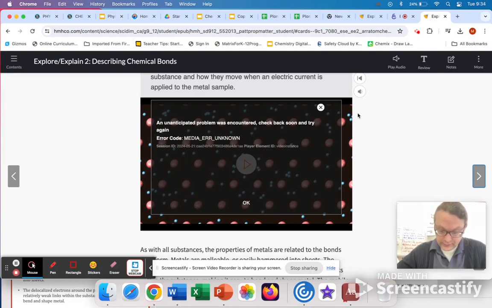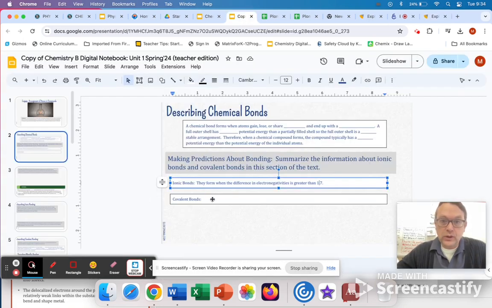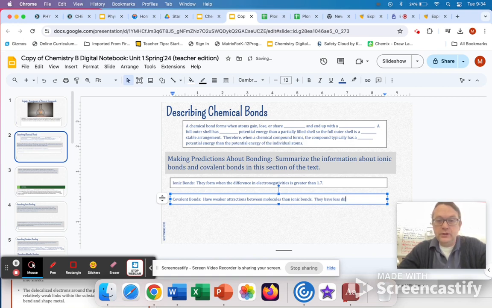So our key piece of evidence here would be that covalent bonds have weaker attractions between molecules than ionic bonds. They have less difference in electronegativities as well.